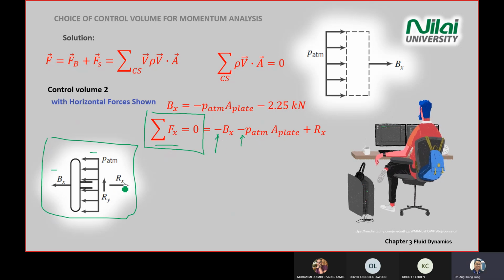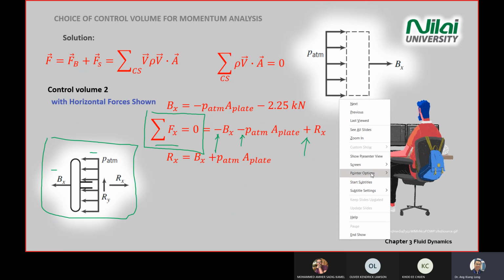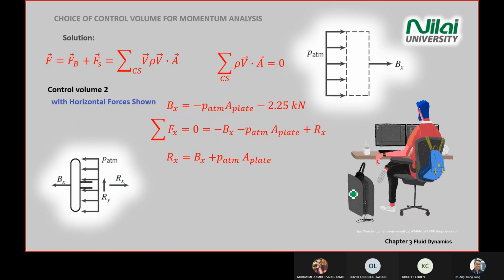And the Rx is to the right, you get a positive sign here. The rest is just rearrangement of the equation. Rx will be equal to Bx plus atmospheric pressure times the area of the plate. You move these two terms to the left, you get positive terms.